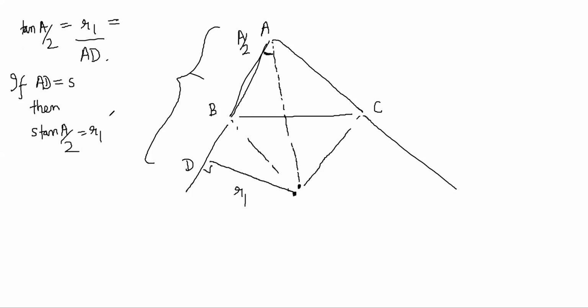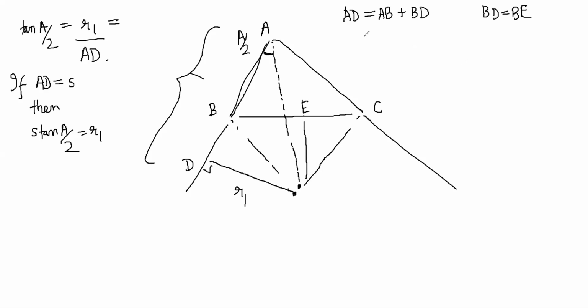Makes sense? Okay. So let's write down AD. AD is equal to AB plus BD, right? And BD is equal to BE, right?